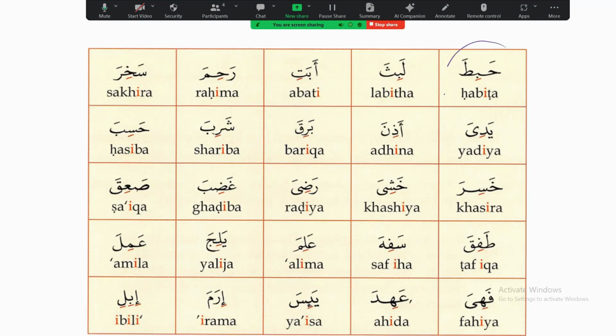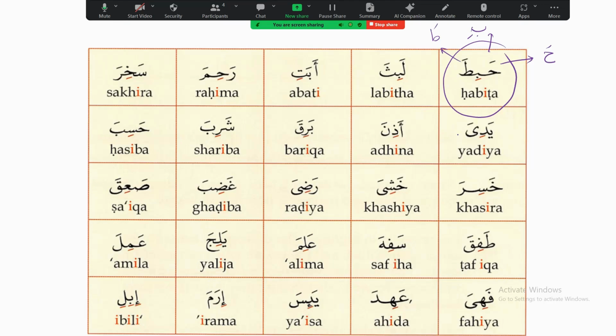The first one here is habita. Ha alphabet, ba alphabet, and ta. Interestingly, in this exercise, you will not only find examples with the fatha. For example, ha has a fatha here, ba has a kasra, and we have a ta alphabet with a fatha, because we have already covered the fatha, right?